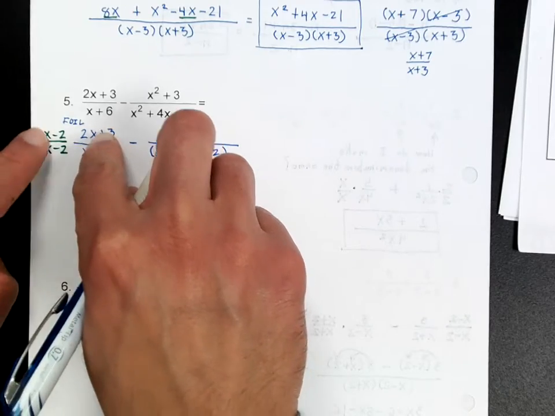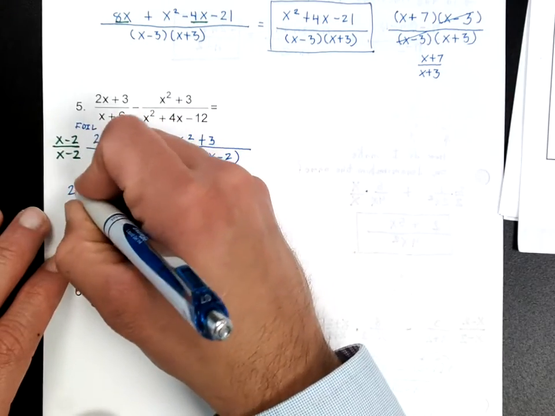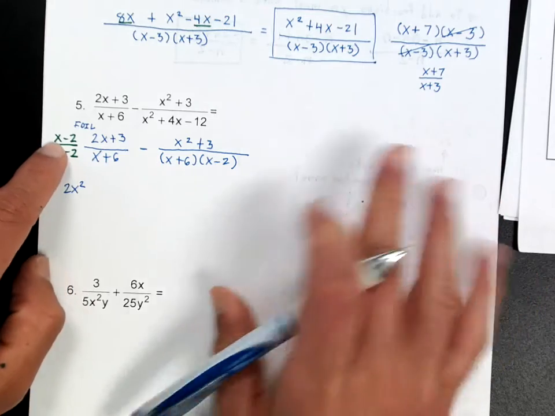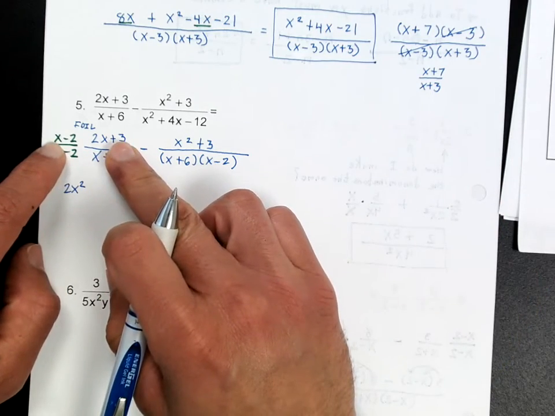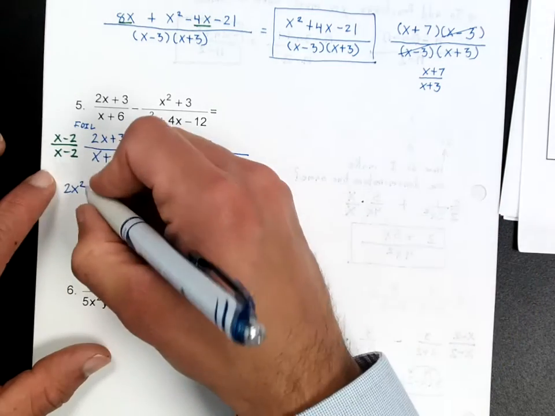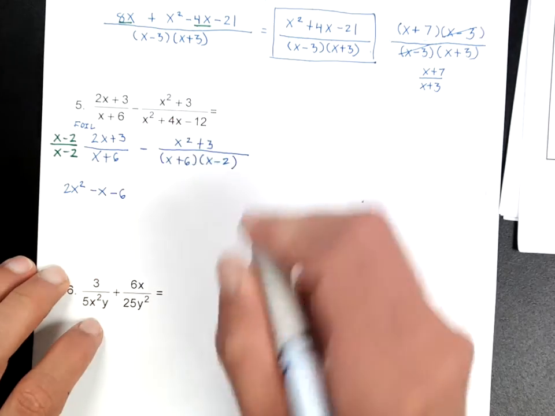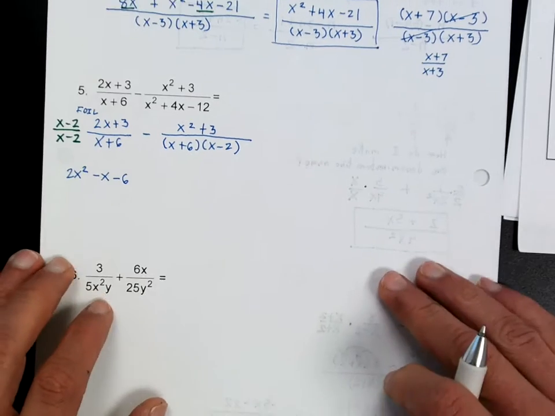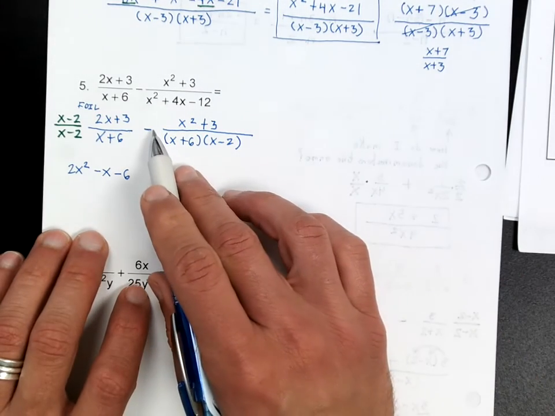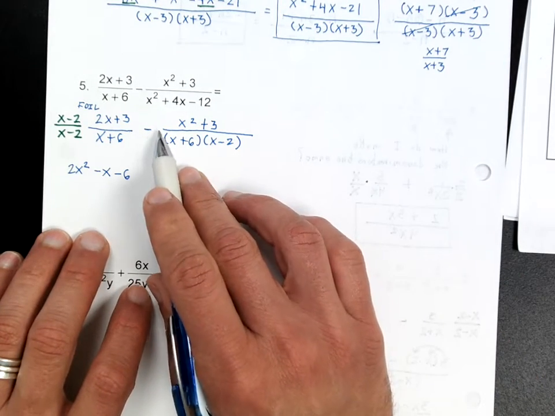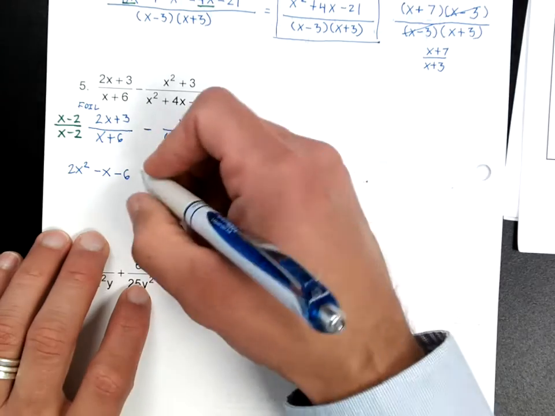All right, so we have x times 2x, that's 2x squared. And then we have x times 3 is 3x. Minus 4x, that gives me a negative x. And then negative 2 times 3 is negative 6. Okay, and then just be careful. Remember that this minus right here, that's going to subtract both the x squared and the 3.